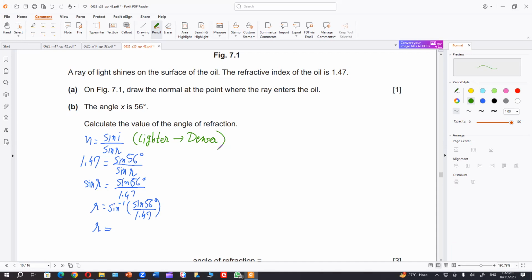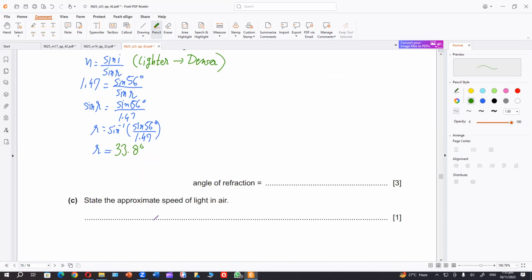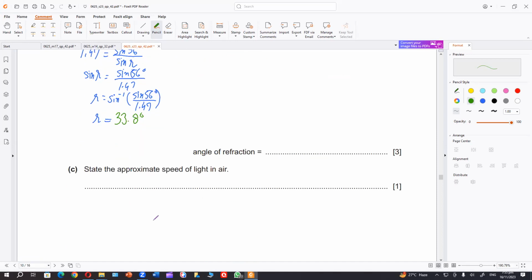33.8. Good. State the approximate speed of light in air. It's a memory. 3.0 into 10 to the power 8.